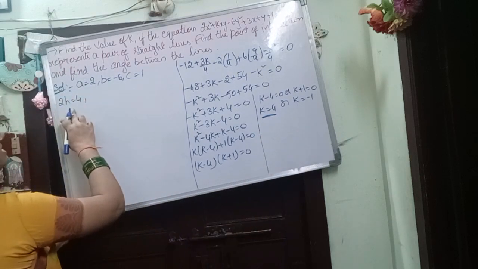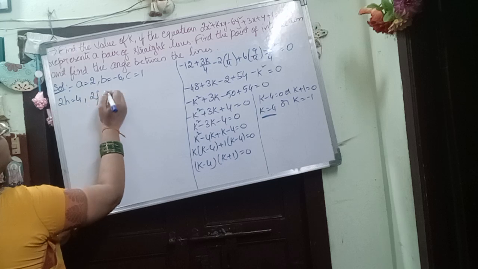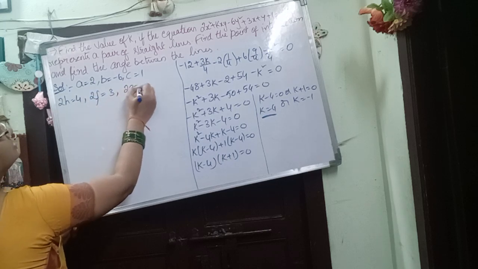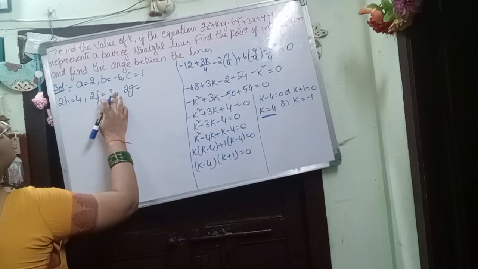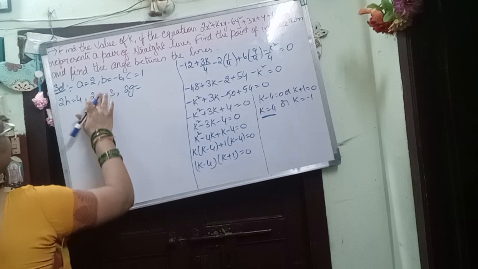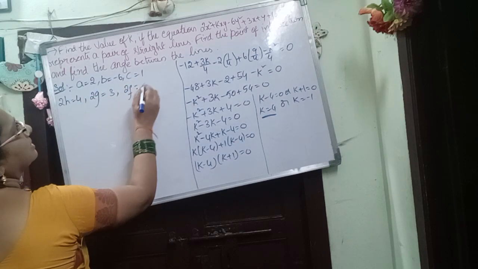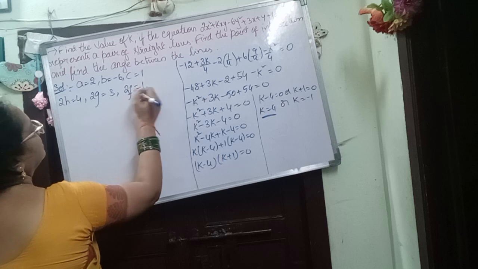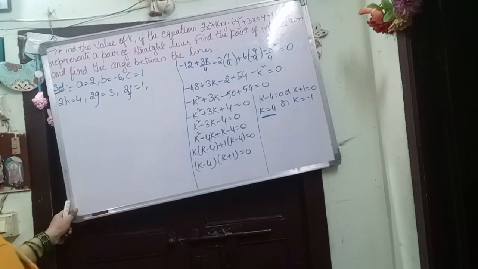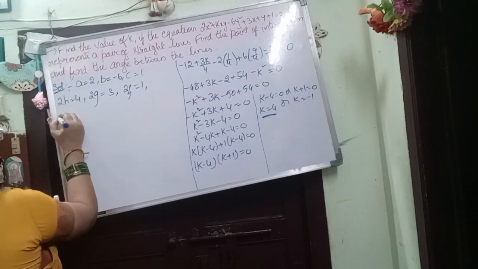Okay, 2H equals 4, and 2G equals 3 and 2F equals 1. That's it. Those are the values we have to note from the equation to find the point of intersection.